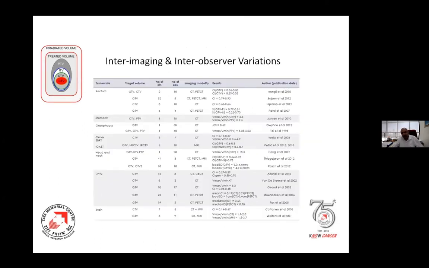So there are many studies across the tumor sites, who have marked on CT, CT-PET, CT-PET-MRI, and then they came out with some confidence interval limits, which is probably the most appropriate in your tumor area or in your area.